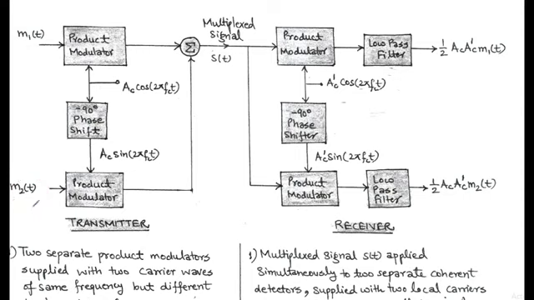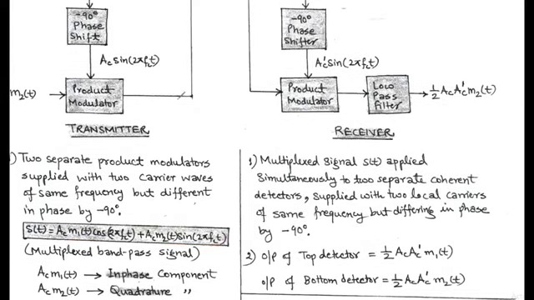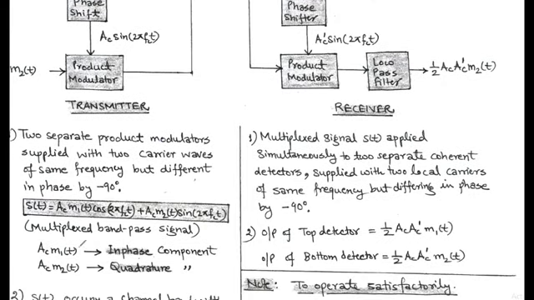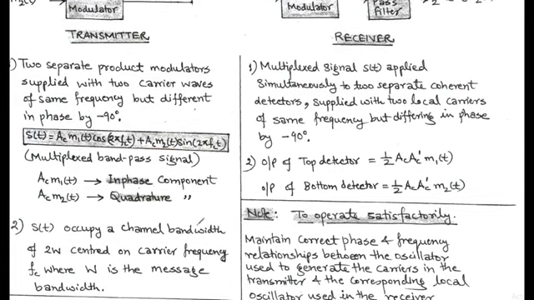Here the multiplex signal is denoted by s(t), and it is equal to Ac m1(t) cos 2 pi fct plus Ac m2(t) sin 2 pi fct. Here Ac into m1(t) is the in-phase component and Ac into m2(t) is the quadrature component of the multiplexed signal.